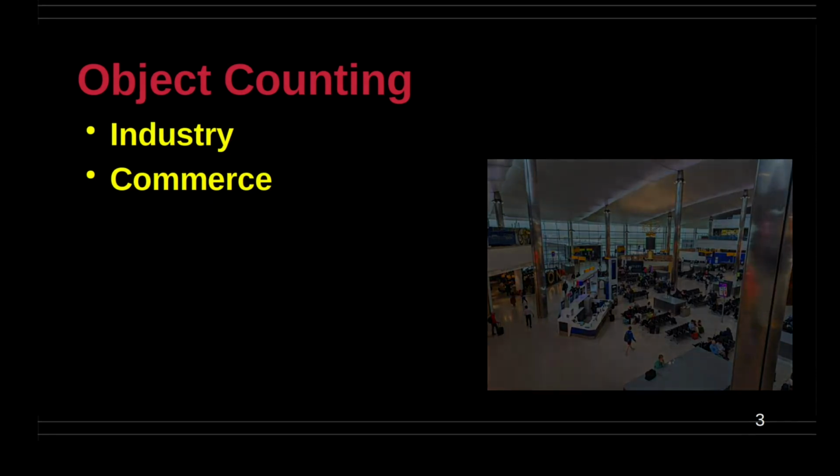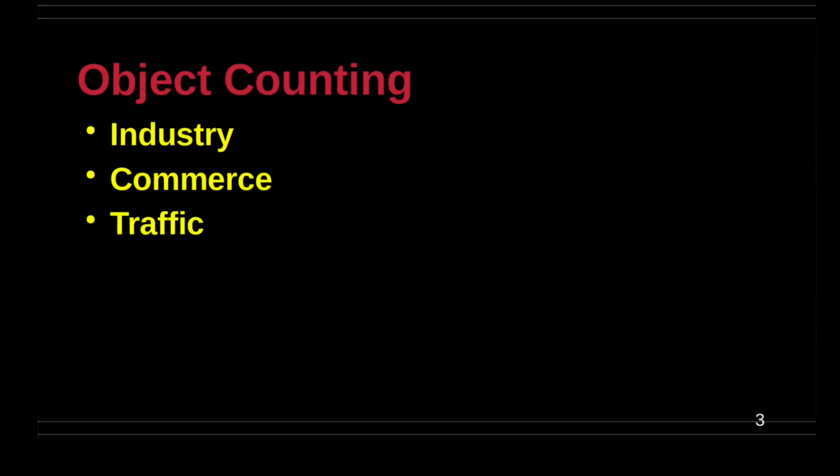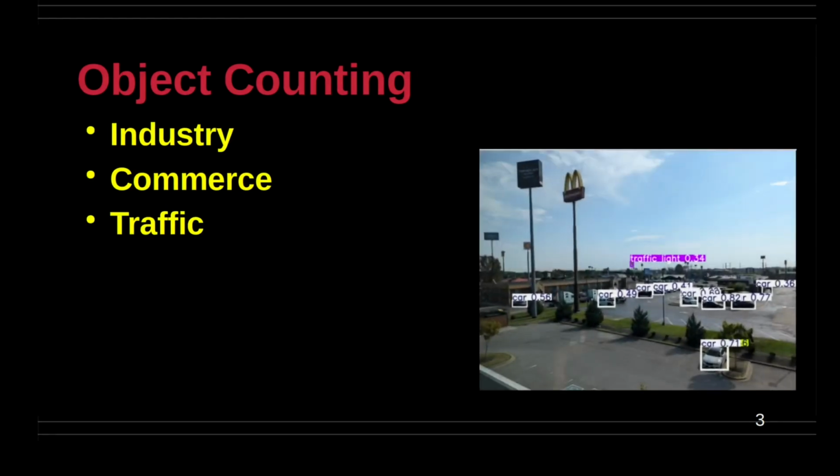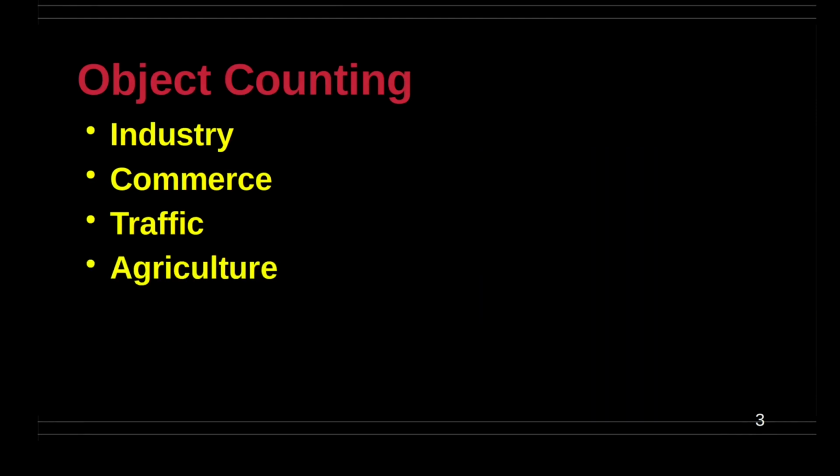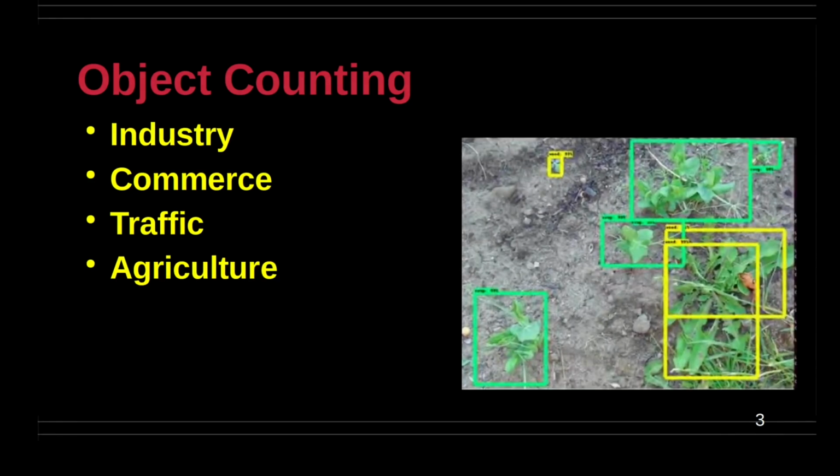In manufacturing and logistics, for inventory management, accurately count items in warehouses, on shelves, or moving along conveyor belts. This helps optimize stock levels, prevent shortages, and improve order fulfillment.